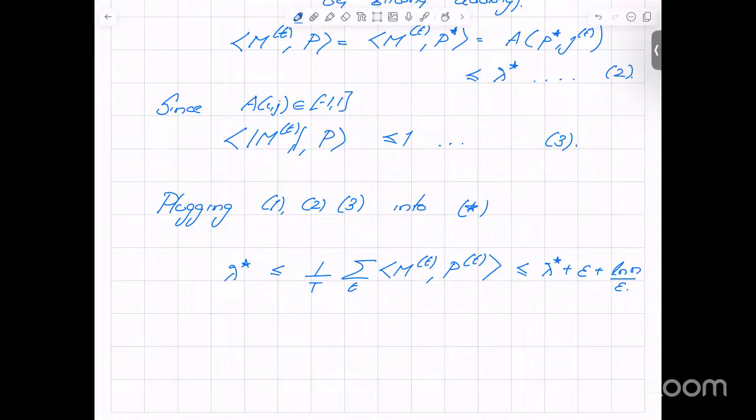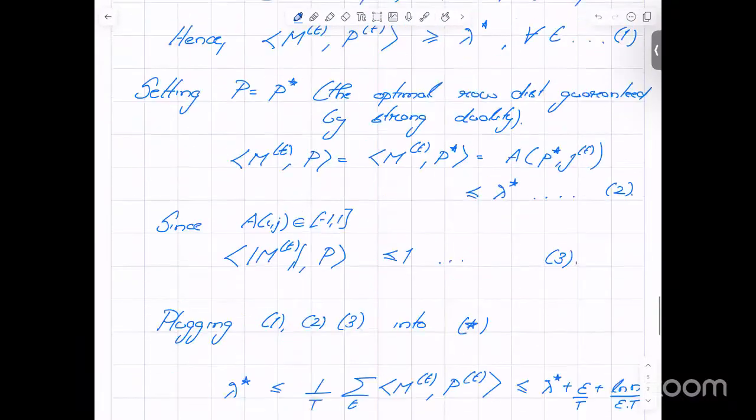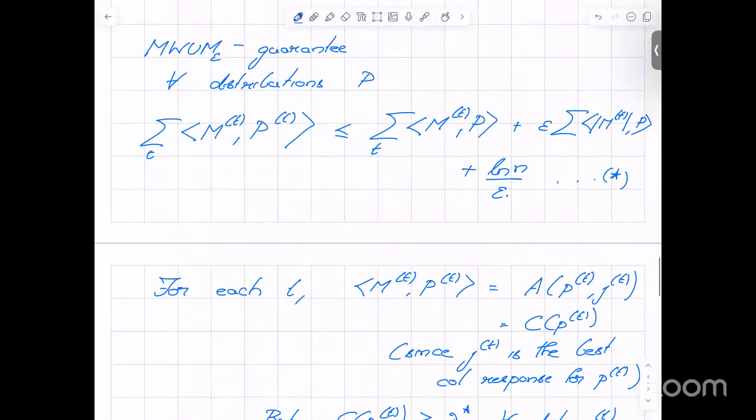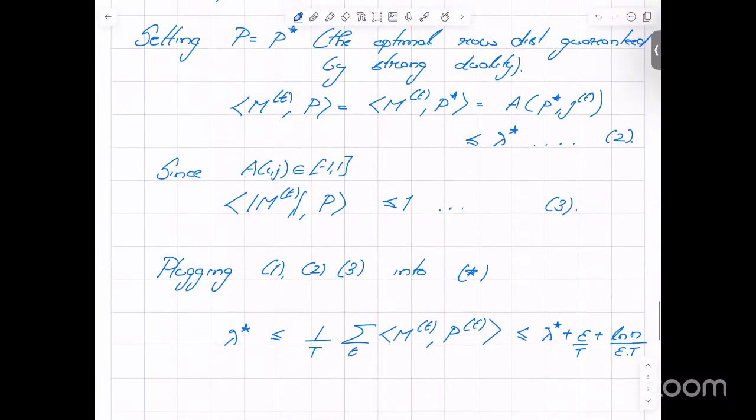Sorry, there's a 1 by t there. Let me write it the other way around.